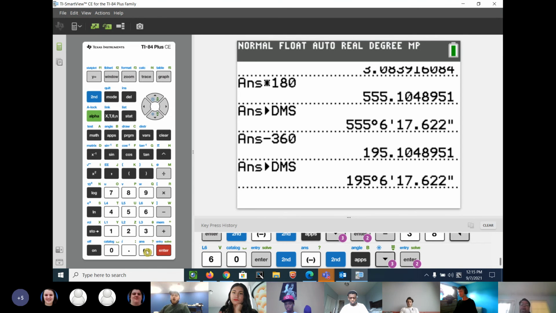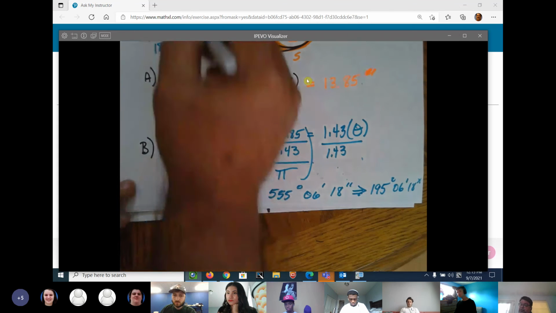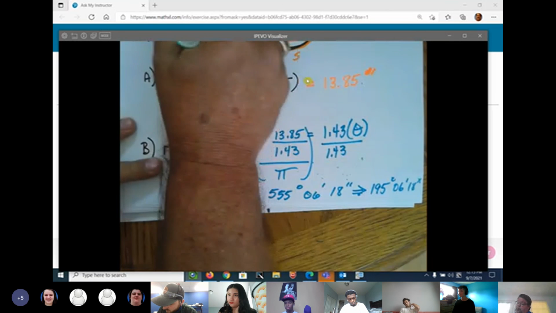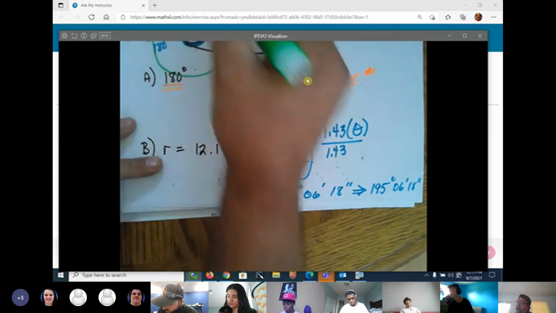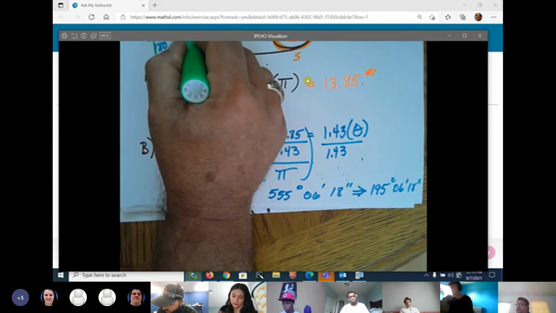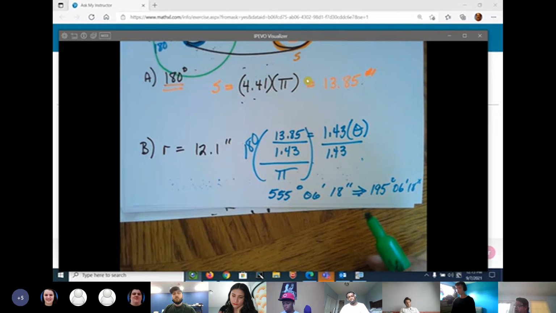So, what do we have for the back tire now? The back tire is right here. Let's do this in another color. Let's go with this green. Here's the back tire. And let's see, where's 195?